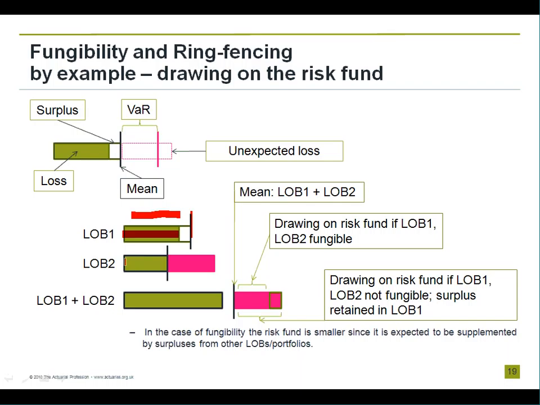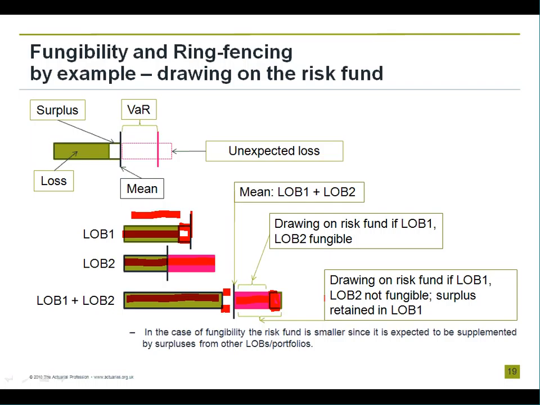Let's look at that. LOB2, that's the mean, but the actual loss exceeds the mean by this pink part. This green is the sum of the two means. This pink is this pink, and that little square there is this surplus, and it also sits here.